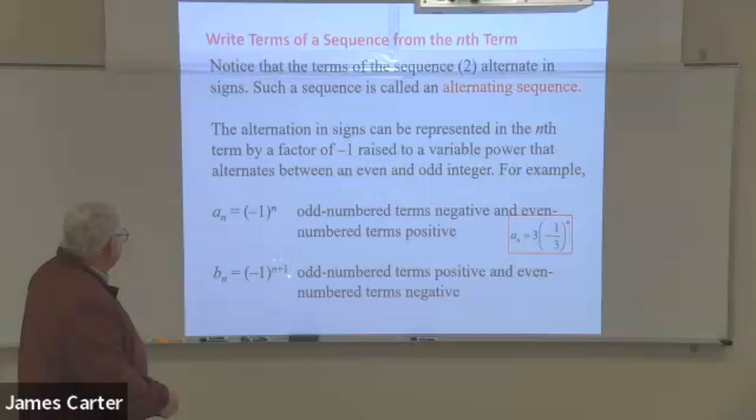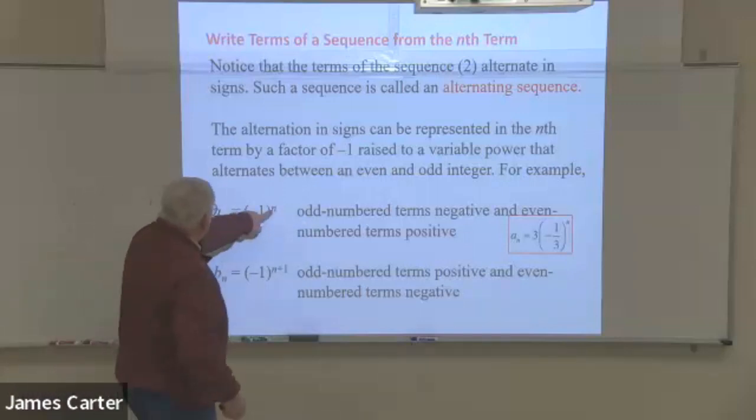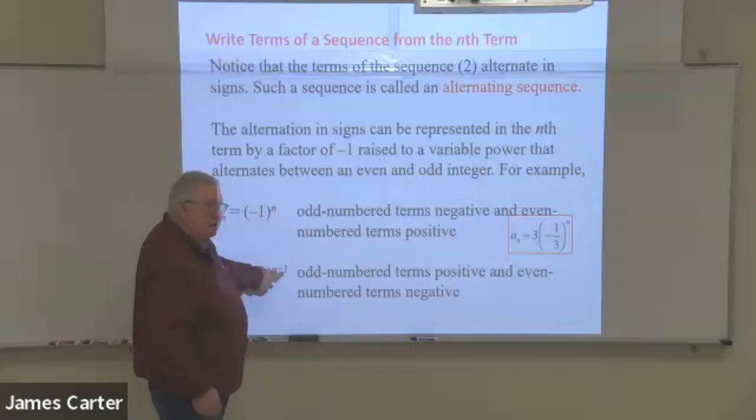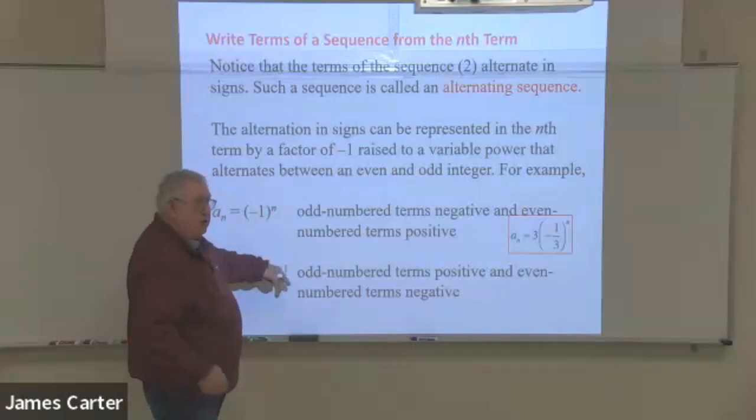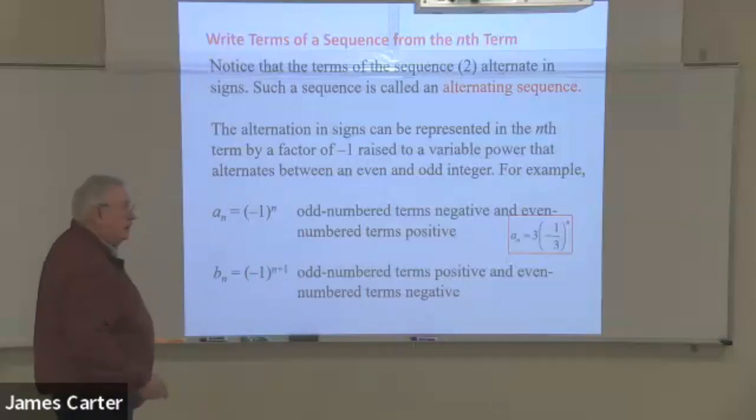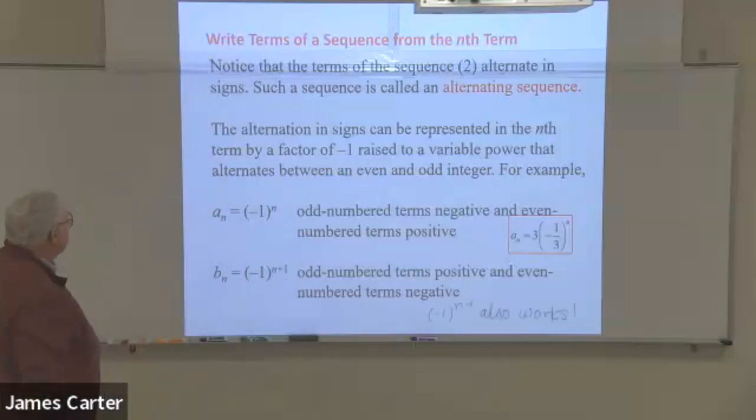Now, if you had something like this, then your alternating would be backwards compared to that one, because 2 would become 3, 3 would become 4, and so on. Here's another one that'll also give you an alternating sequence.